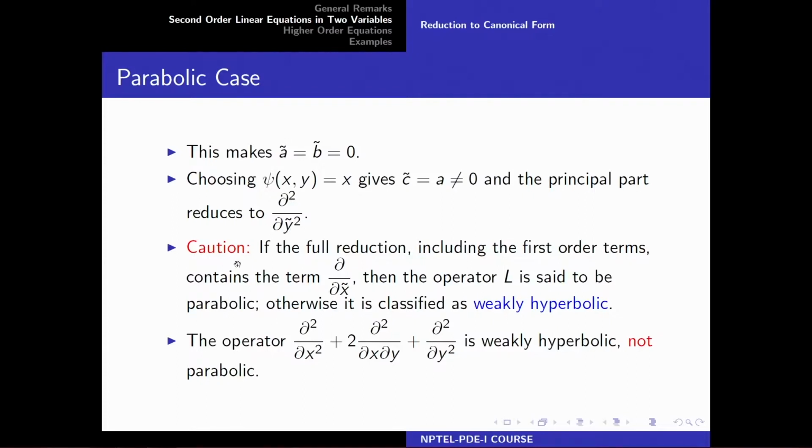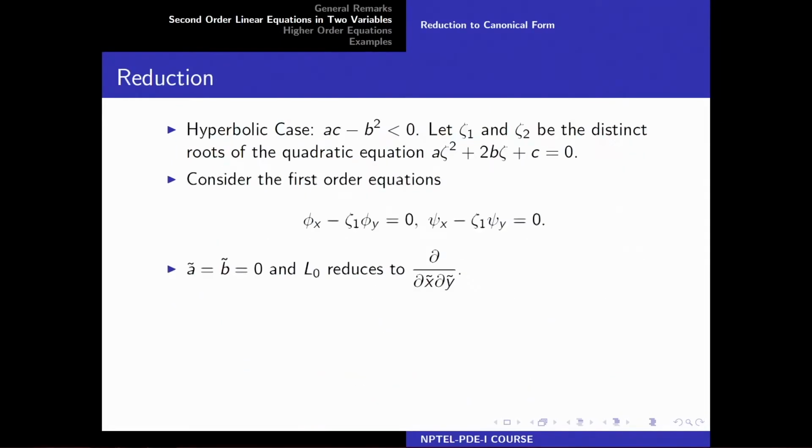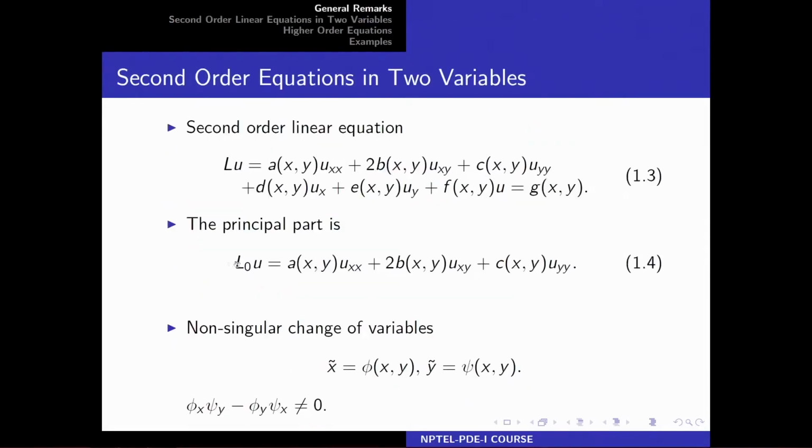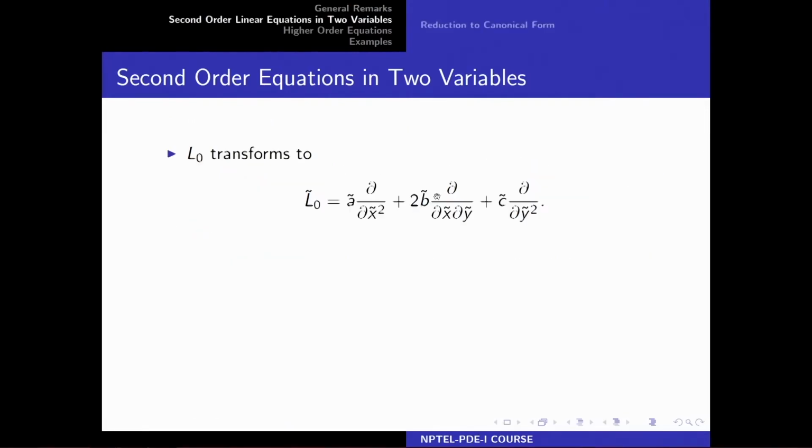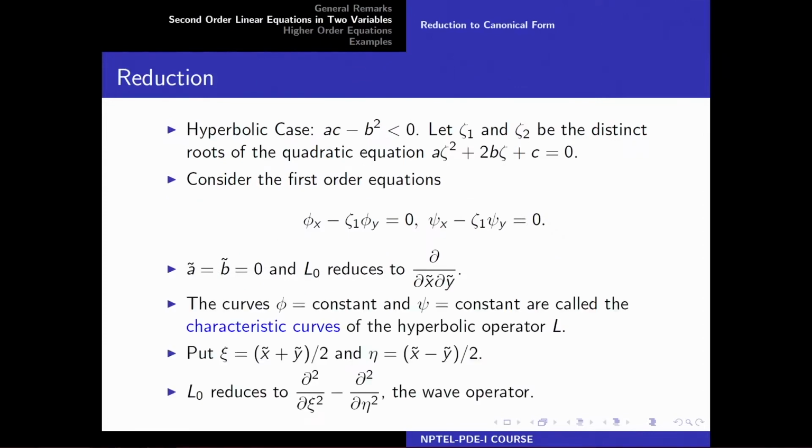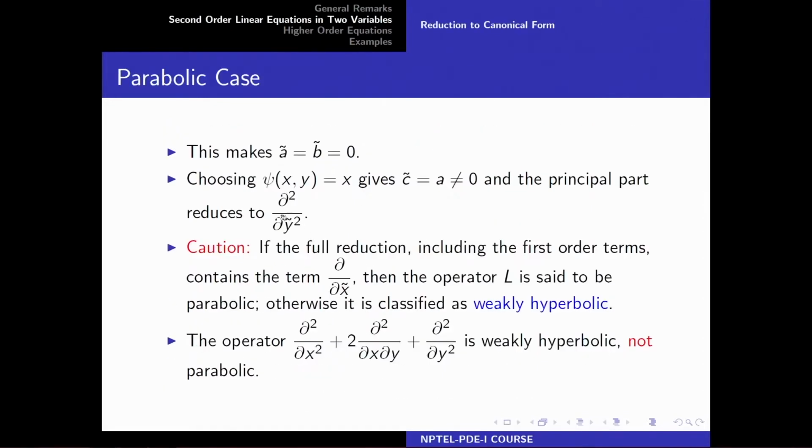So, we have the full equation here, again go back in this case. Yeah, we have the second order equation and in that case A c equal to b square, you reduce this equation in the new variables x tilde and y tilde and the leading term, the second order term, is definitely del square by del y tilde square, but unless there is a lower order term in del by del x tilde.